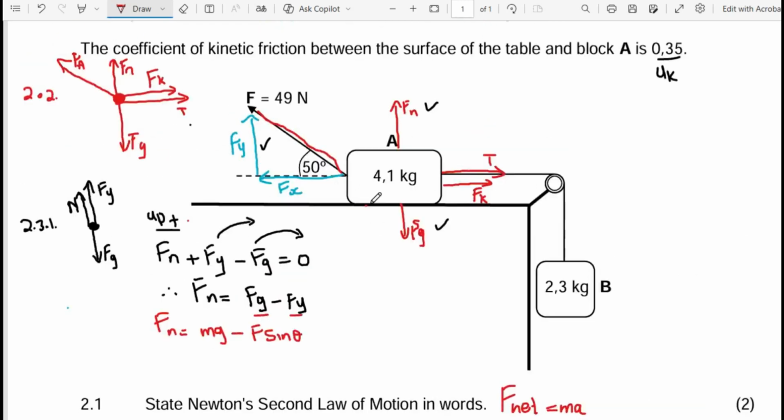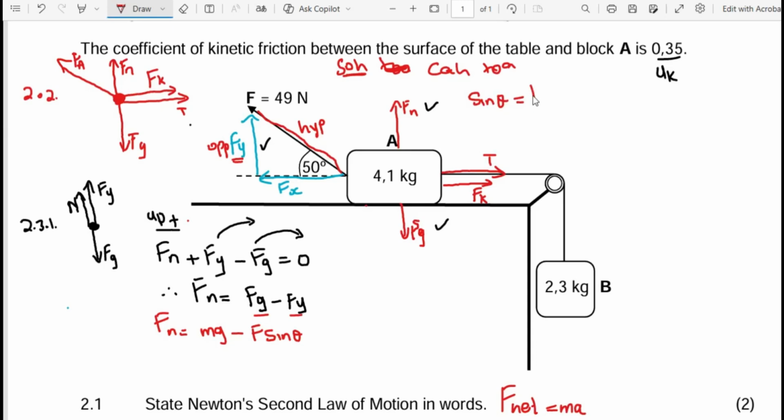Please make sure that you keep that in mind, because if I'm looking for Fy, which is my opposite, and I have my hypotenuse, what am I going to use? According to SOHCAHTOA, we have opposite and hypotenuse. This will be the sine of that angle.